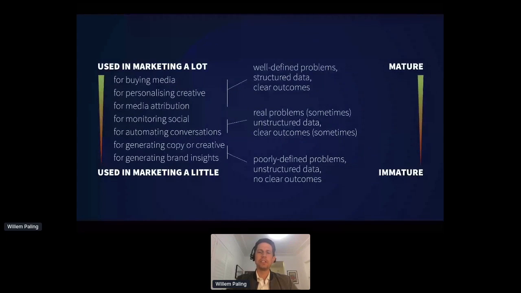They use structured data and have very clear outcomes. The ones in the middle are sometimes real problems, but more typically have unstructured data and less clear outcomes. Down the bottom, with things like generating brand insights, we've got relatively poorly defined outcomes, unstructured data and no clear outcomes. So it's safe to say the media cases towards the top are quite mature, and the cases towards the bottom are quite immature.